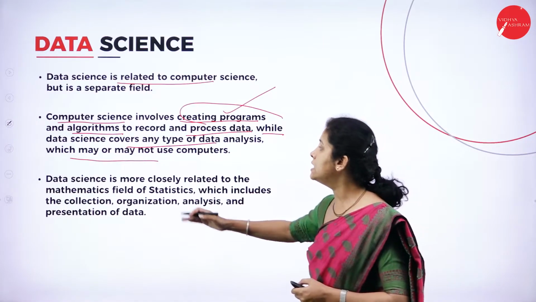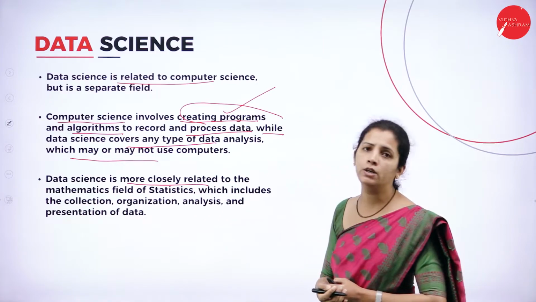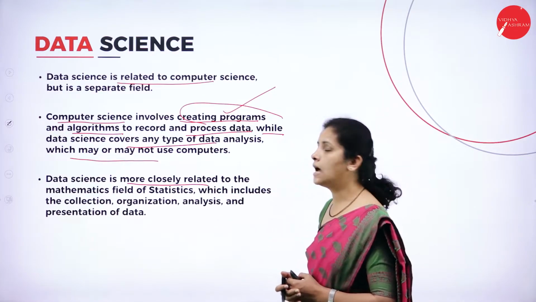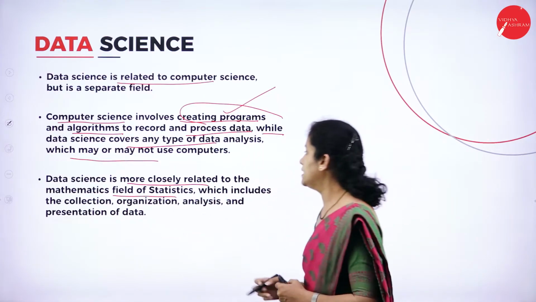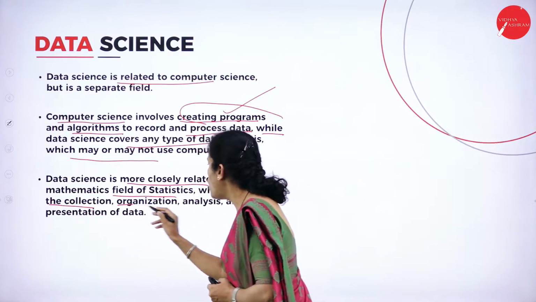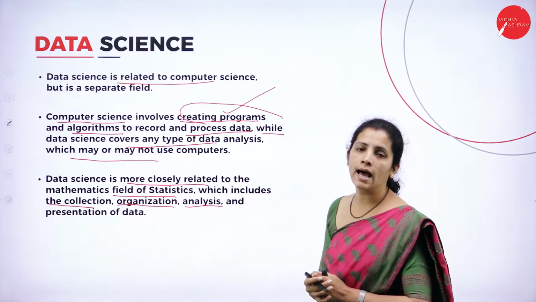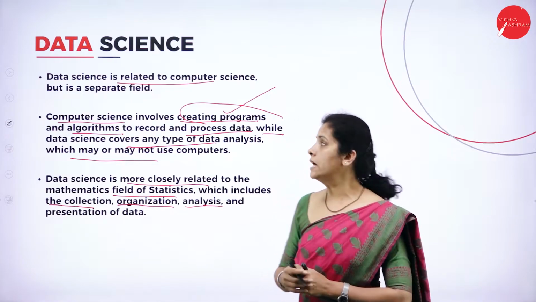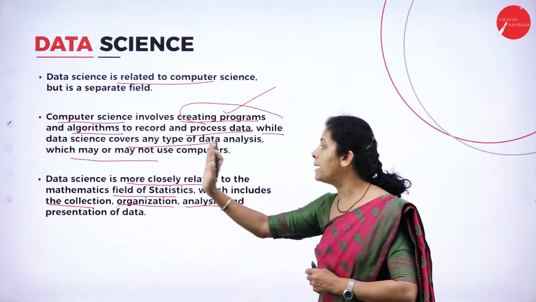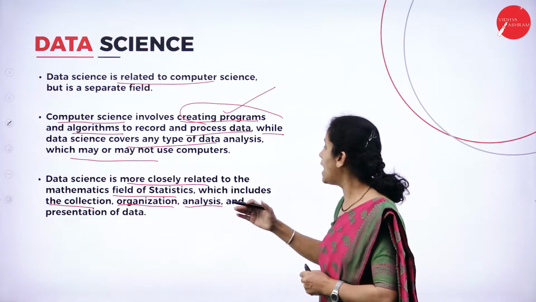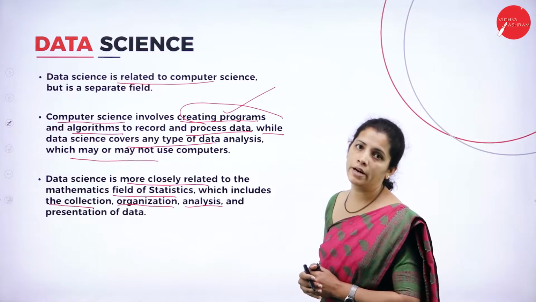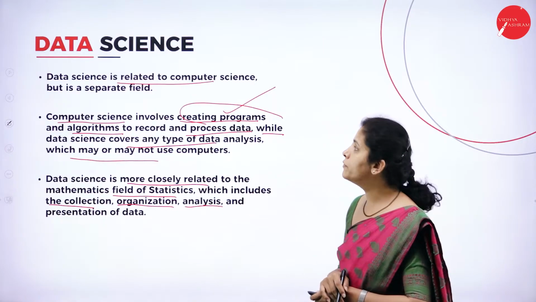Dear student, data science is closely related to mathematics as well as statistics, and it includes the collection, organization, analysis as well as presentation of data. That means data science is the field concerned with mathematics and statistics, and it involves collection of data, organization of data, analysis of data as well as presentation of data.